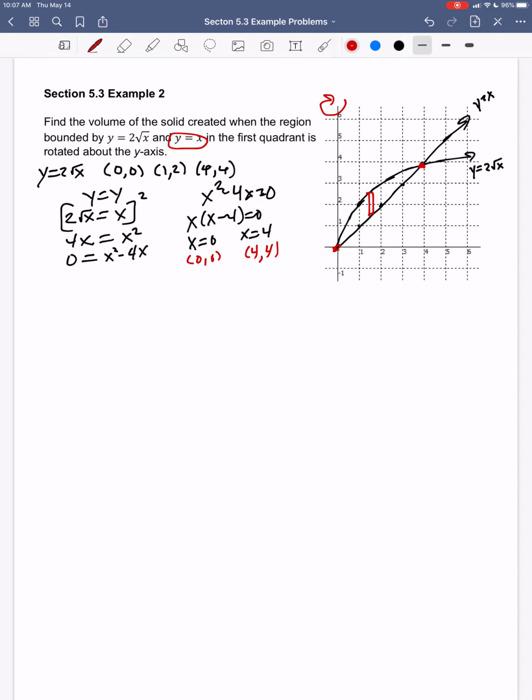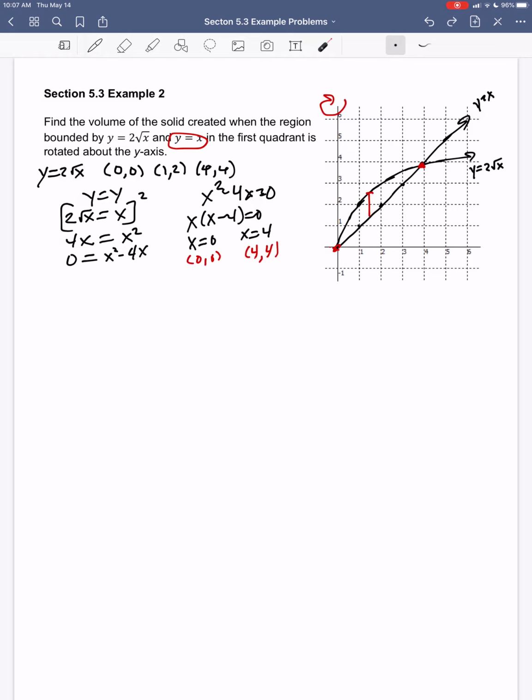I would take the y-coordinate at the top, which would be this 2 square root of x, and the y-coordinate at the bottom, which would just be x. The top would be on this graph, and the bottom would be on this graph. I would just subtract those, and I've already got that set up pretty well.